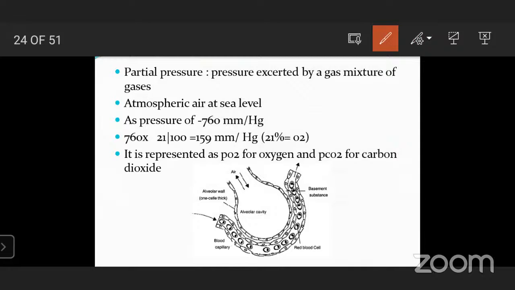Diffusion is nothing but molecules moving from the higher concentration to the lower concentration. That is called the diffusion method. It is based on the concentration gradient. Okay, right. Thank you for your cooperation.